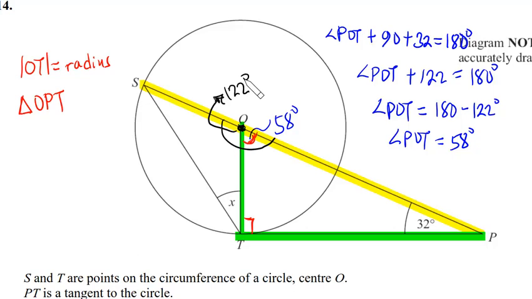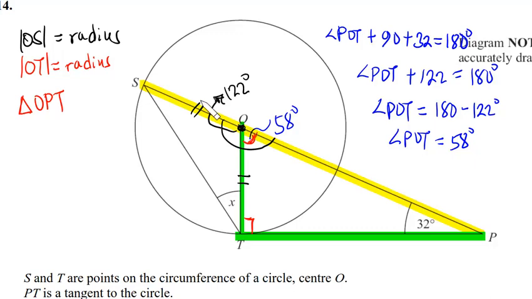Now we are required to find angle X. Remember that the radius of a circle is the distance from the center of the circle to any point on the circumference. So if OT equals the radius, in the same way OS will also equal the radius. So those two lengths are the same.